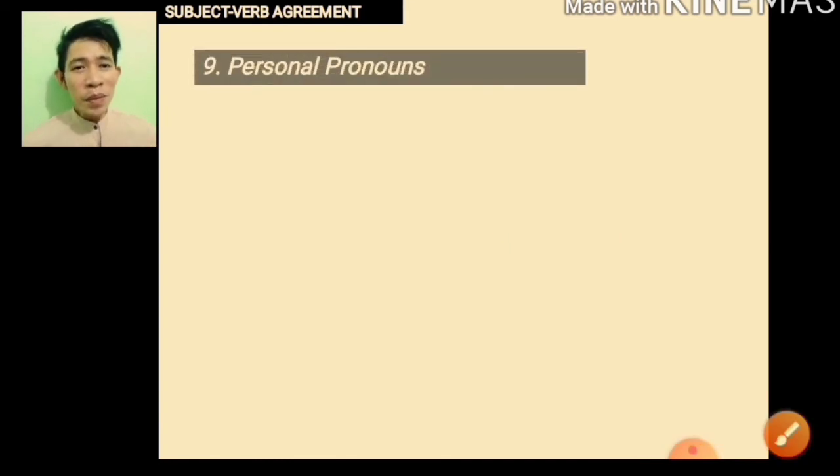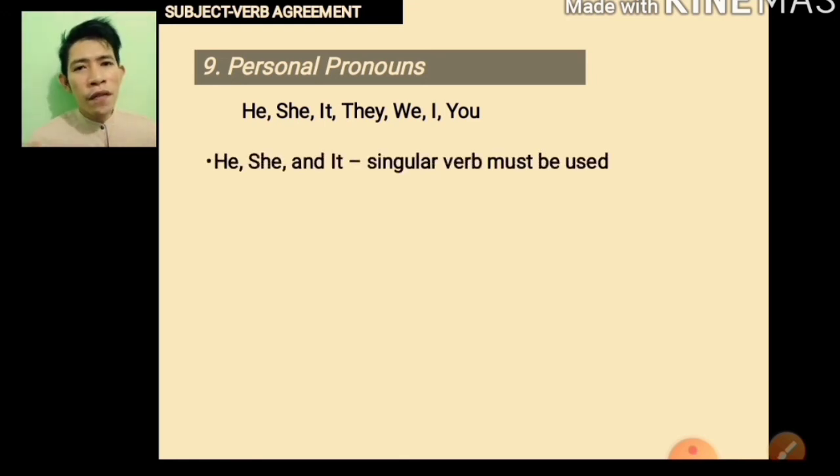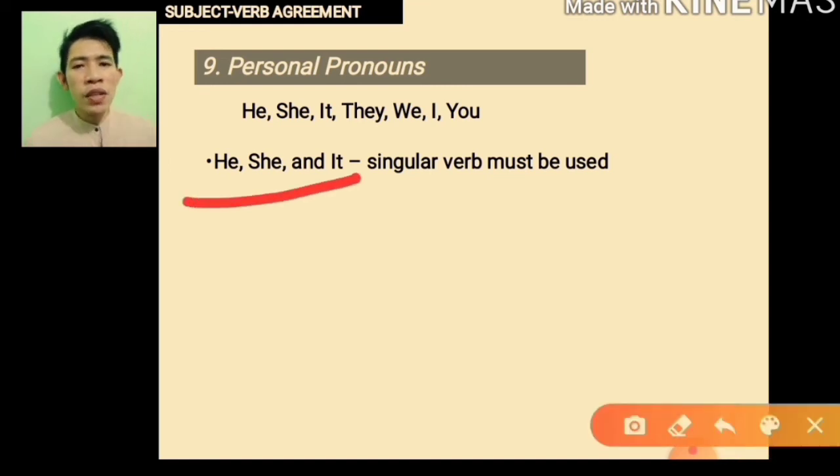Next, personal pronouns. Personal pronouns like he, she, it, they, we, I, you. If the subject is he, she, and it, the verb that we'll be using is singular verb. Again, if we encounter this subject, ang verb na gagamitin is singular.